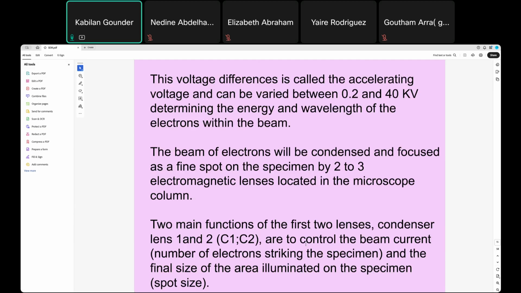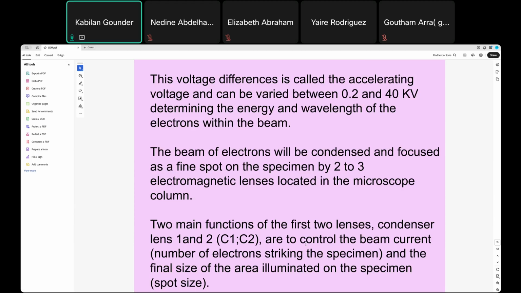Once the electrons strike the sample, the area where they strike is important, because wherever the electrons strike, you can see the detailed structure of that area. We call that the spot size.